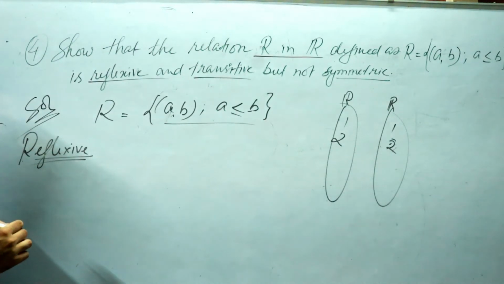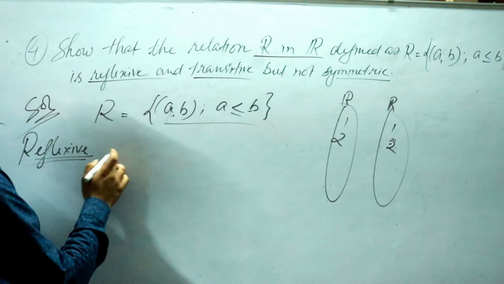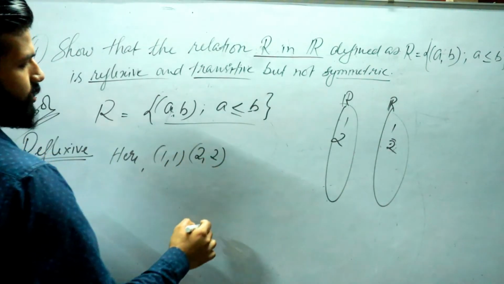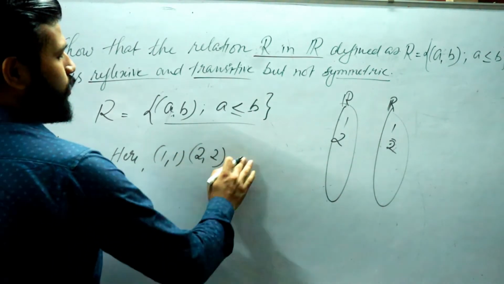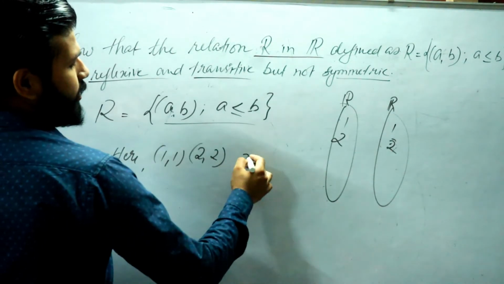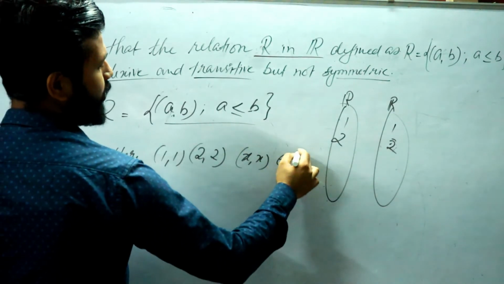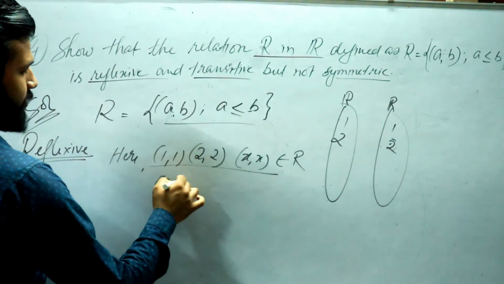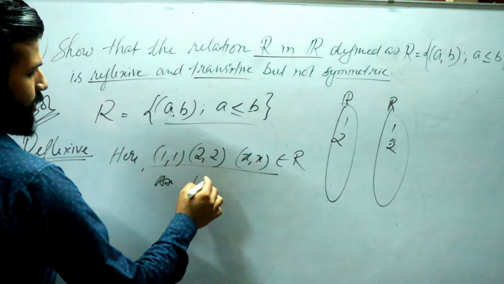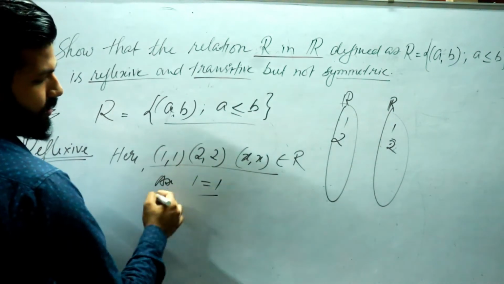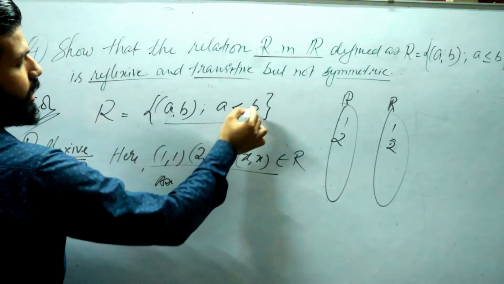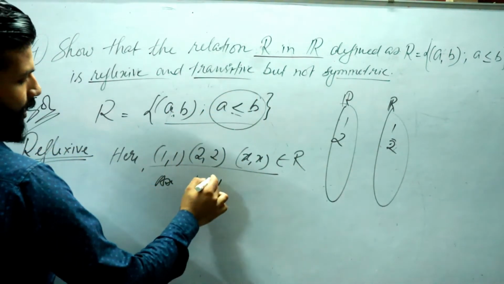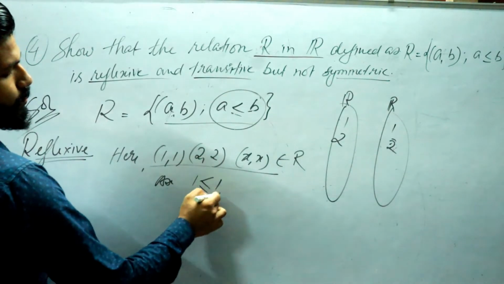So we can see here (1, 1), (2, 2), anything comma anything, any x comma any x belongs to the relation. These all belong to the relation, as it is already given, as 1 is at least equal to 1, right? The condition is given that a should be less than or equal to b. So 1 is not less, but at least it is equal, so the condition is fulfilled.